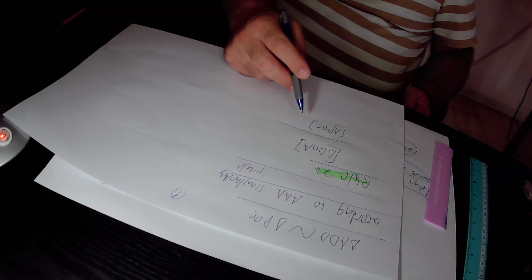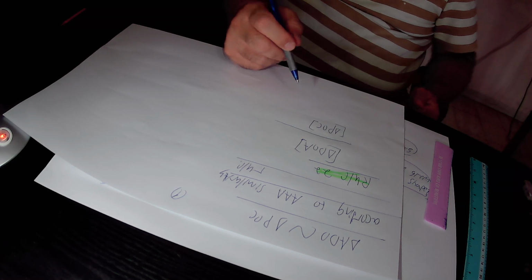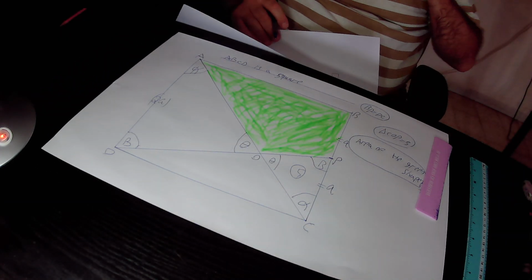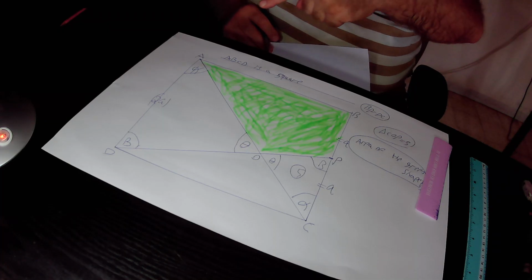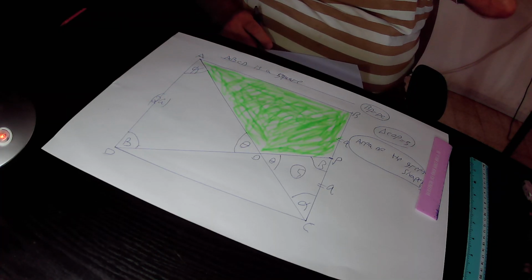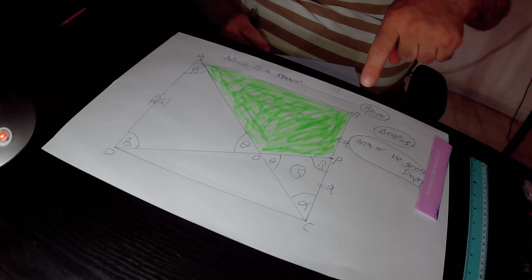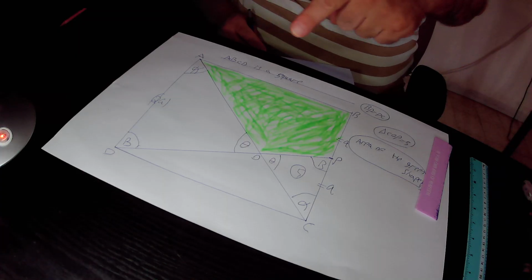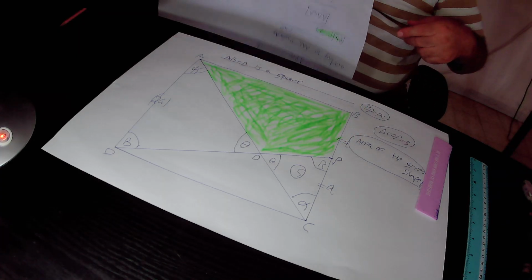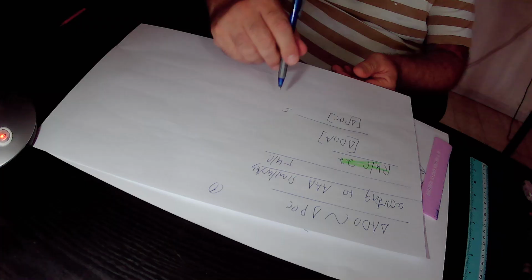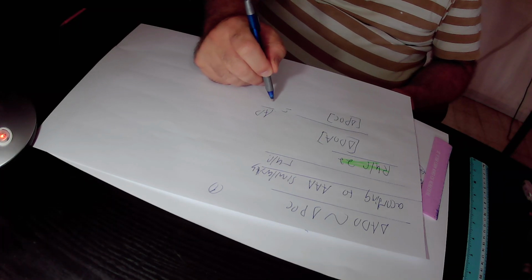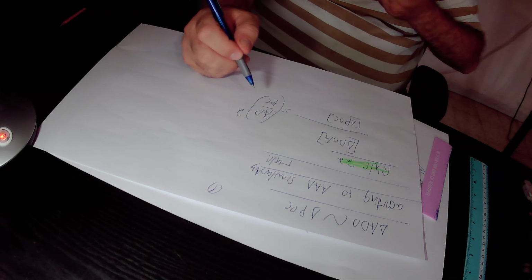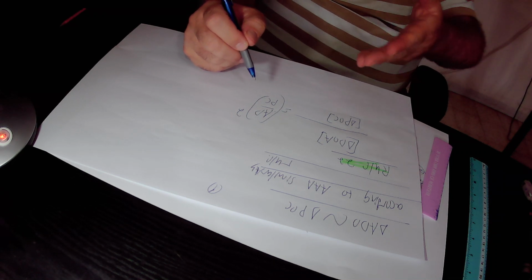is equal to the square of the ratio of their corresponding sides. Side AD is the corresponding side of side PC, so the ratio is AD over PC squared. So this equation is the implementation of rule 22 in our drawing.